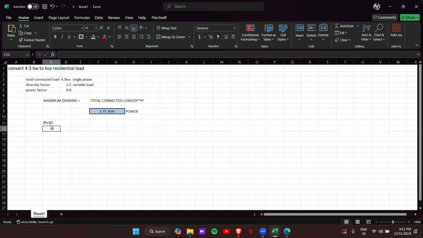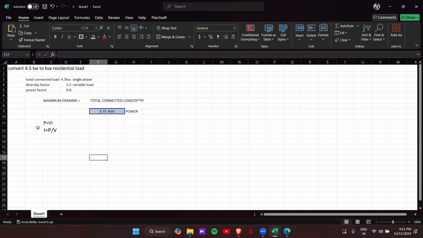So the equation will be I is equal to P divided by V. Now, power is 3.75. Voltage, how to calculate the voltage?